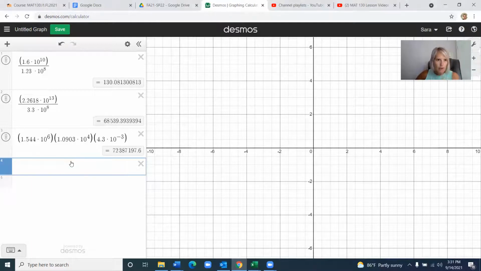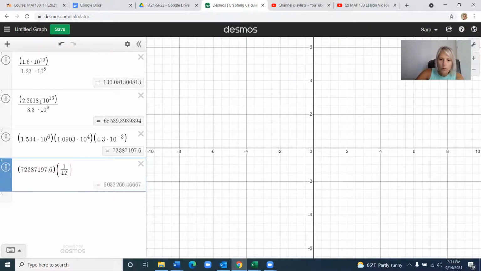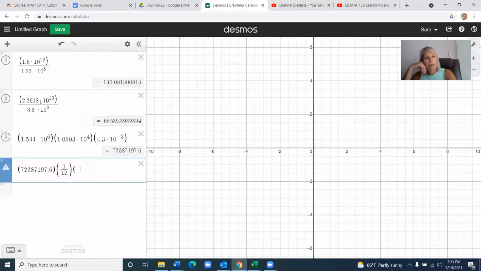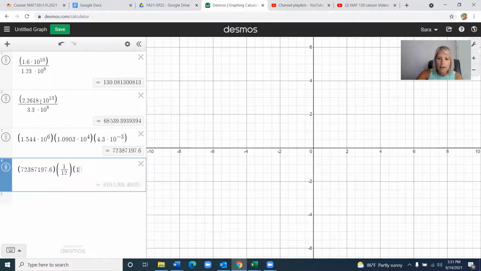So we're going to take our 72,387,197.6 inches and multiply that by 1 foot over 12 inches. So our inches cancel and we're in feet. And then we have to cancel out feet. So 1 mile over 5,280 feet.